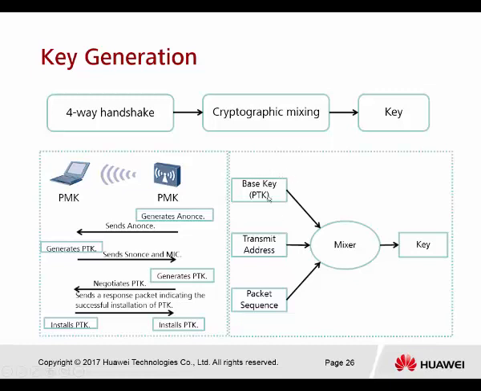Now I already have the PTK, assembled on my PC. I use my address and the packet sequence number, all mixed together, to generate another new key. This key will be used to encrypt the data. So this is the key generation.